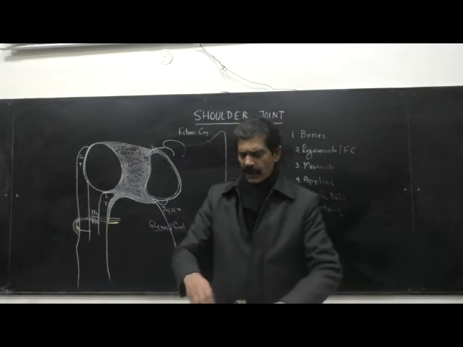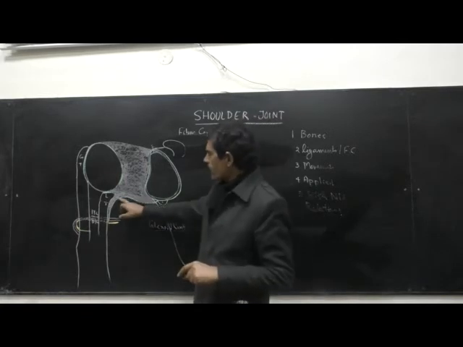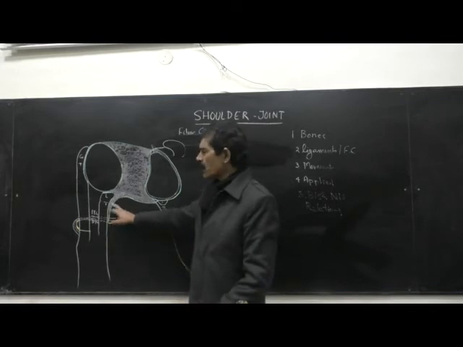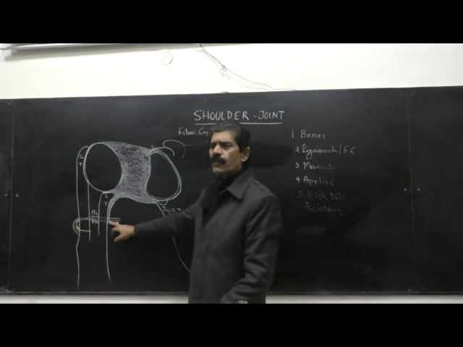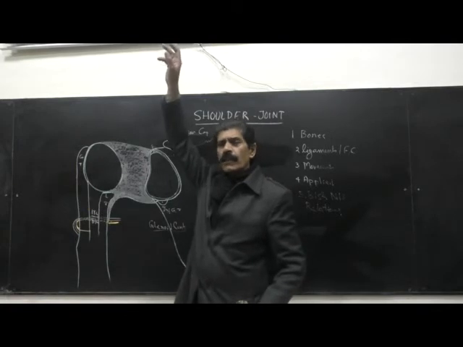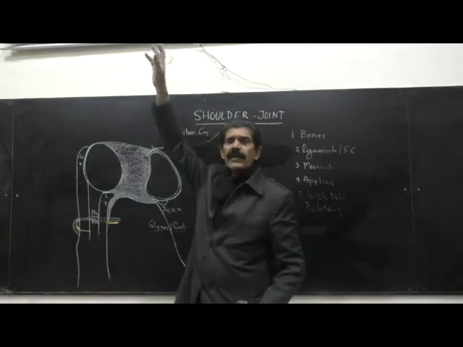So there is a downward extension of the fibrous capsule medially up to the surgical neck of the humerus. This downward extension of the fibrous capsule has the plus point that we can abduct the shoulder joint and the arm above the head, or up to 180 degrees.